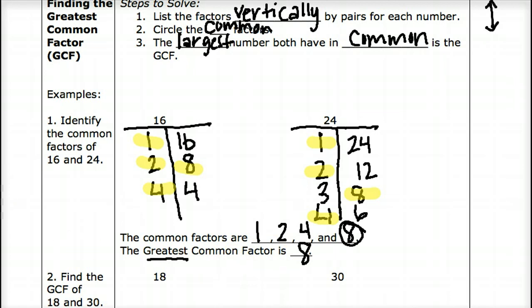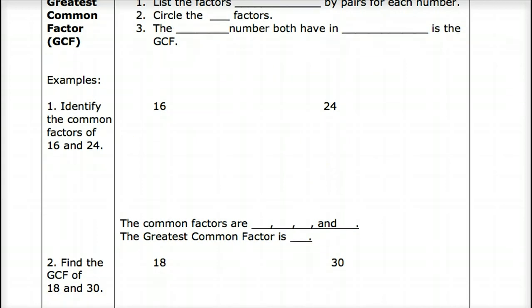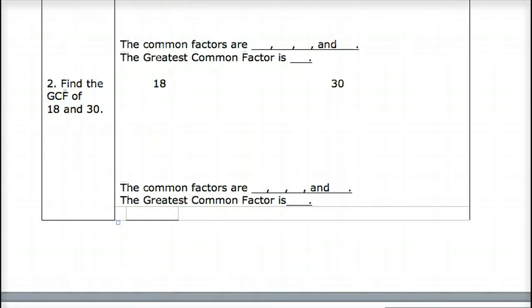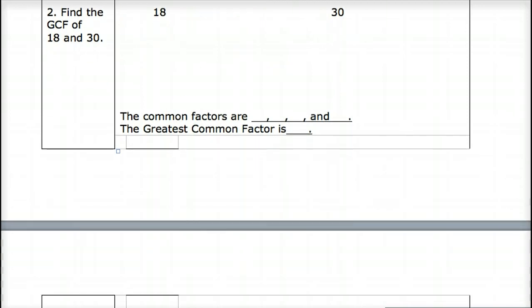Now, I want you to give the next one a try, and then we will check it together. It says to find the GCF of 18 and 30. Alright, so finding the GCF of 18 and 30.